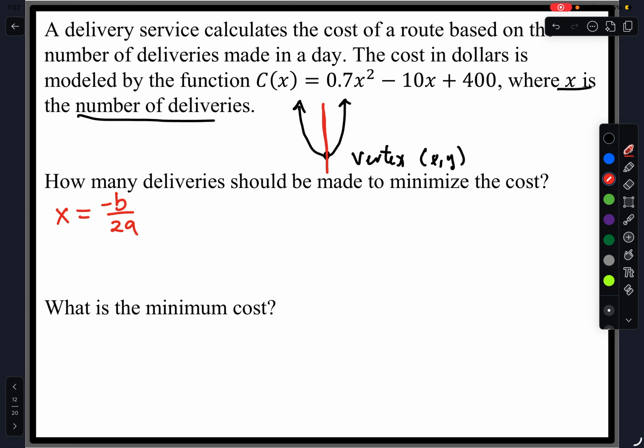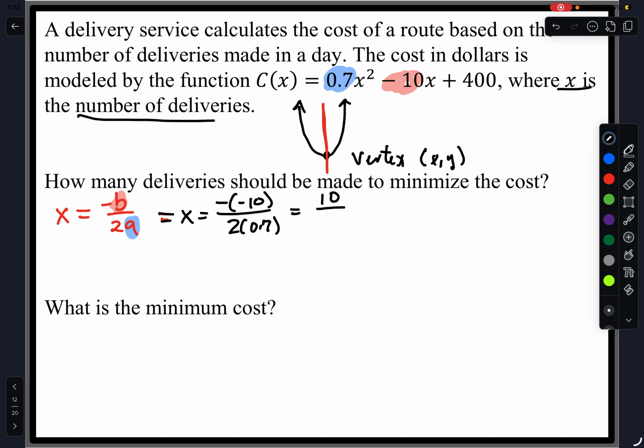The values of a and b come from the quadratic equation, where this value is the a value and the b value is negative 10. Substituting in those values, we get x equals negative b, so negative 10, divided by 2 times our a value.